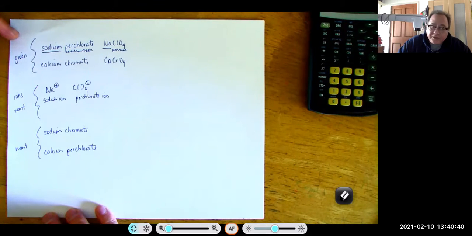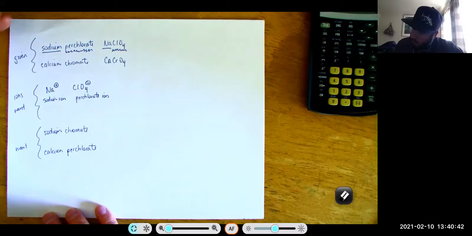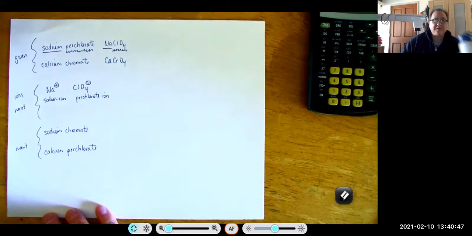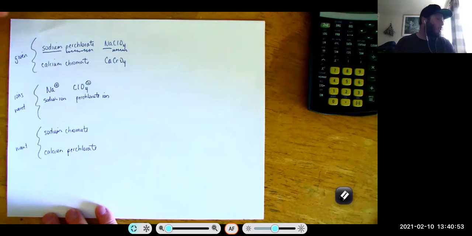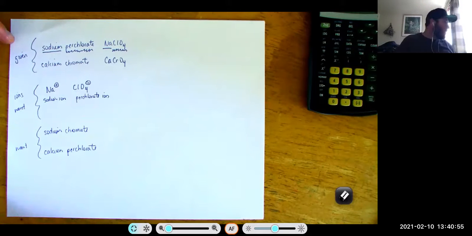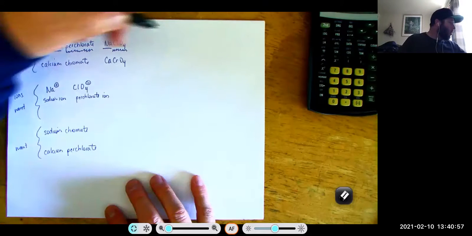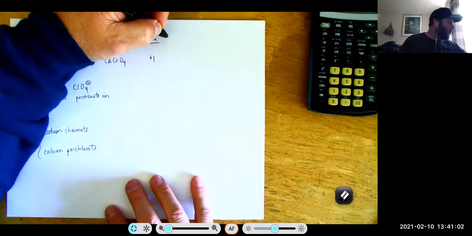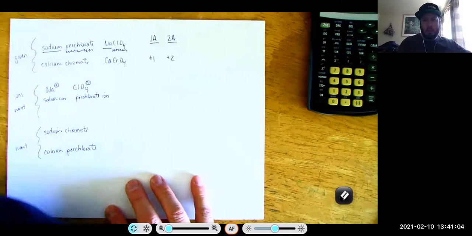You can't use cat as being positive because some people like cats and some don't. Sodium is again across the top with the 1A. Those all have a +1 charge, and then 2A has a +2 charge. That's right.